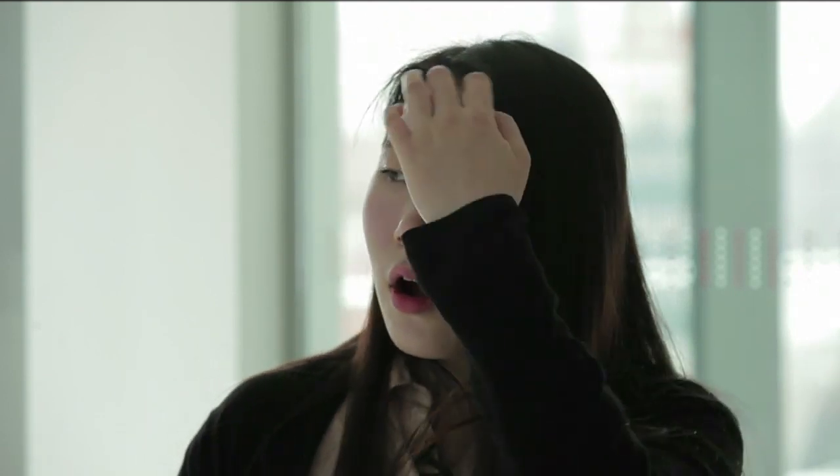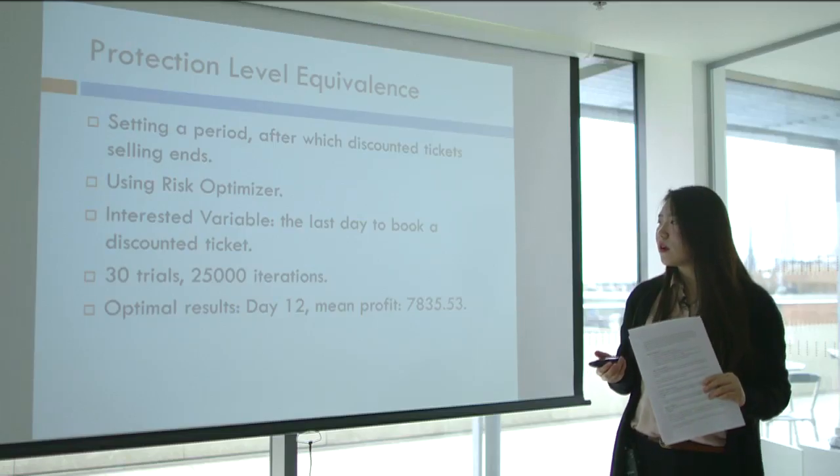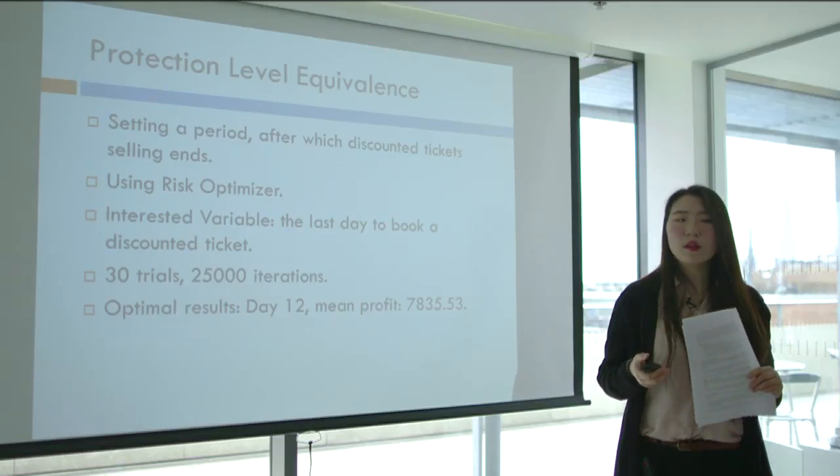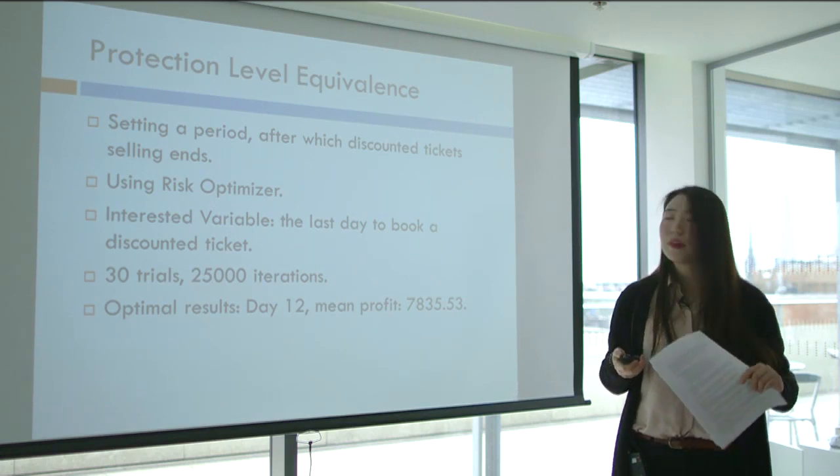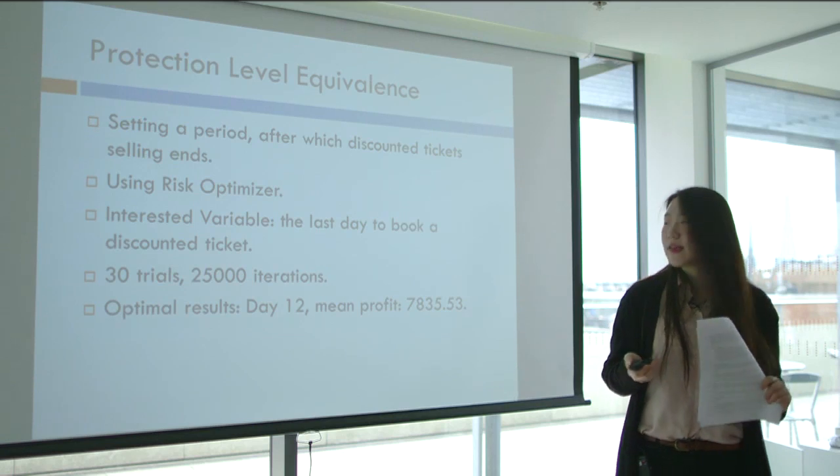This is also equivalent to saying they are withdrawn 17 days before the departure of the flight. Although we set the open period for the discounted fare tickets to be 12 days, it doesn't mean that 100 seats can be sold in those 12 days. The arrival rate of bookings for the discounted fare tickets will remain the same.